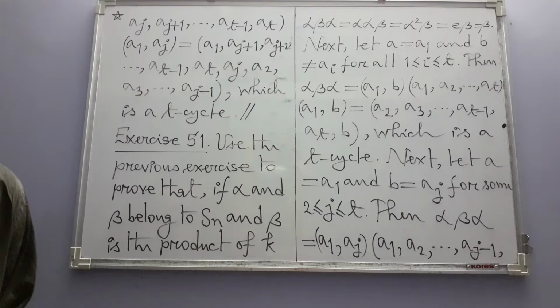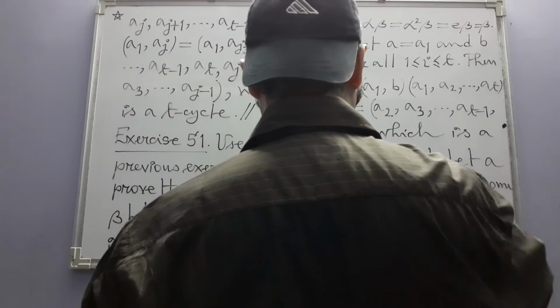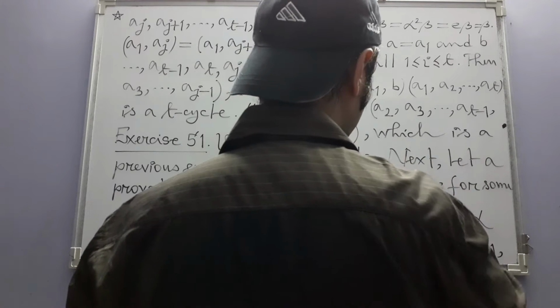K cycles means k number of permutations where each permutation is a cycle.